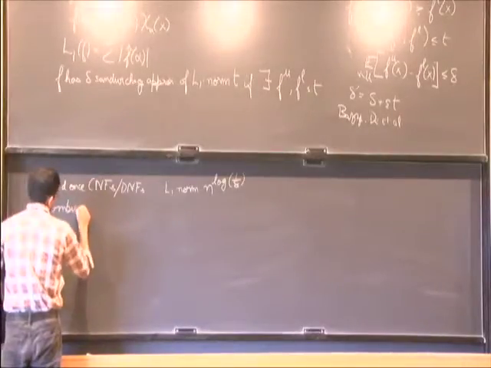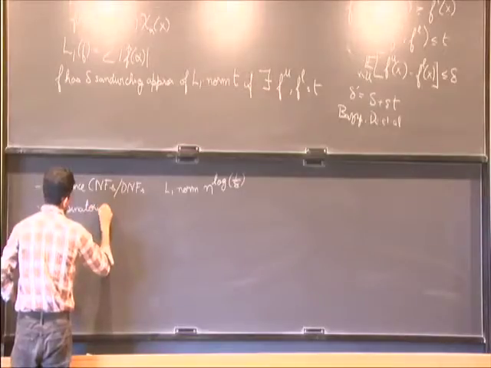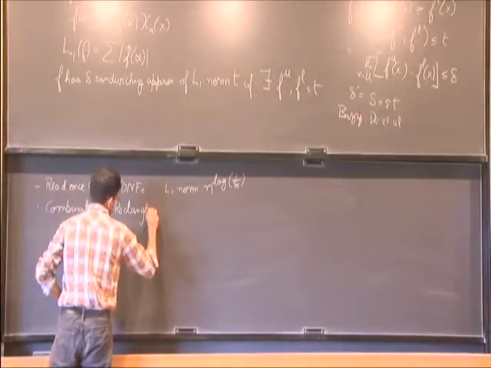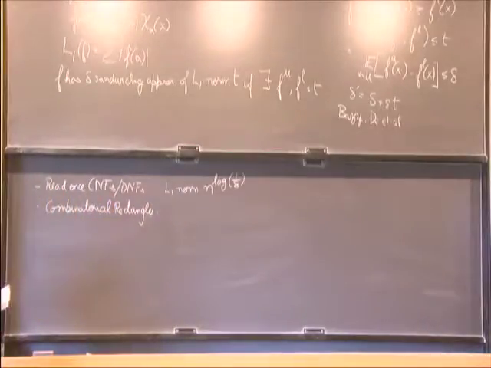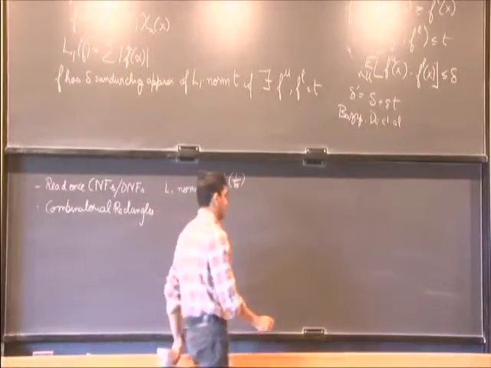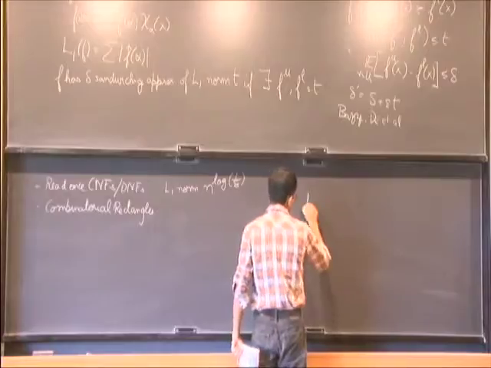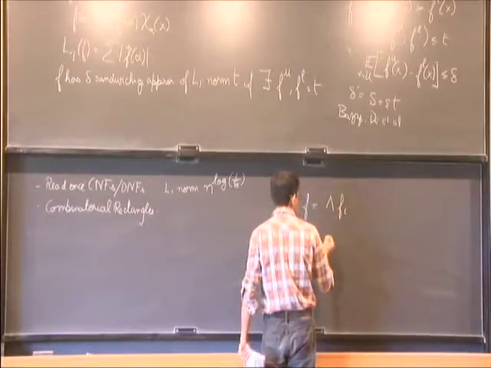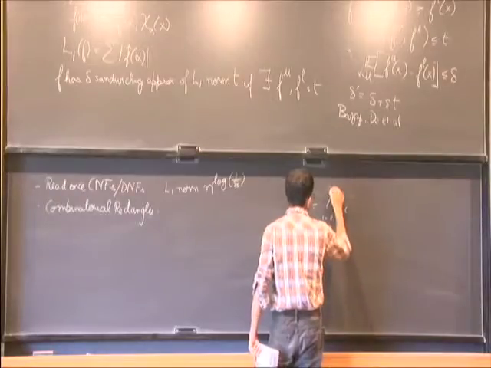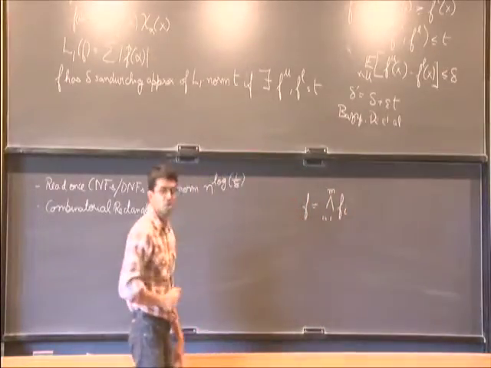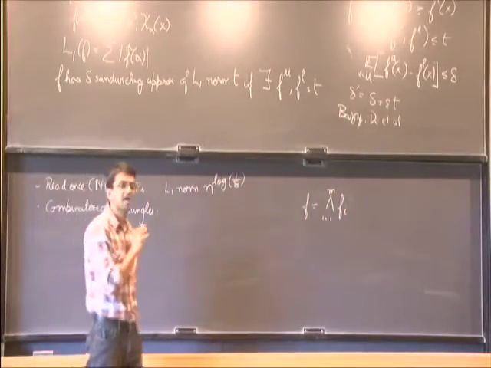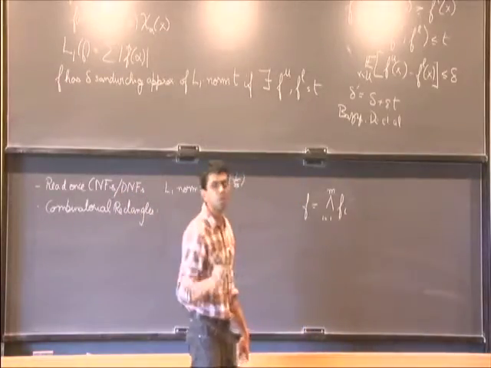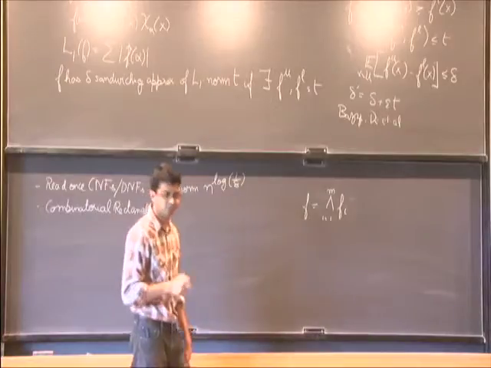Combinatorial rectangles. If you don't know what these are, I'll define them right now. What is a combinatorial rectangle? It's a function which is an AND of coordinate functions f_i, i going from 1 through m. Each coordinate function, just think of it as an arbitrary function on log n bits, and the various coordinate functions are on disjoint variables.